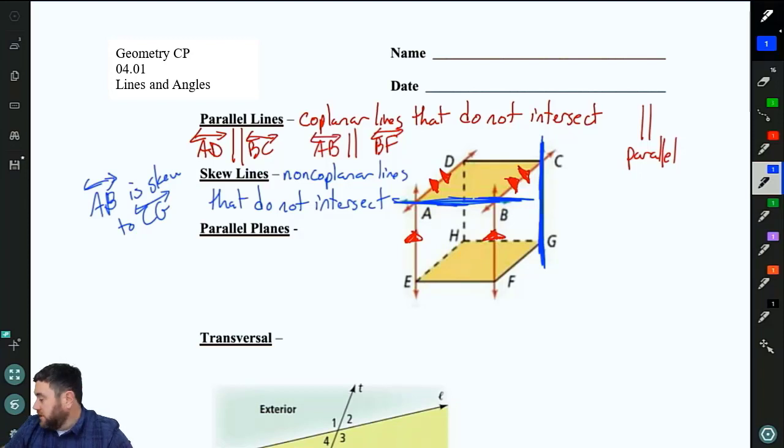And so let me grab a cube. What we're looking at is AB is this edge right here, and then CG is an edge back here. So these two will never intersect, but they aren't parallel because they're going in different directions.